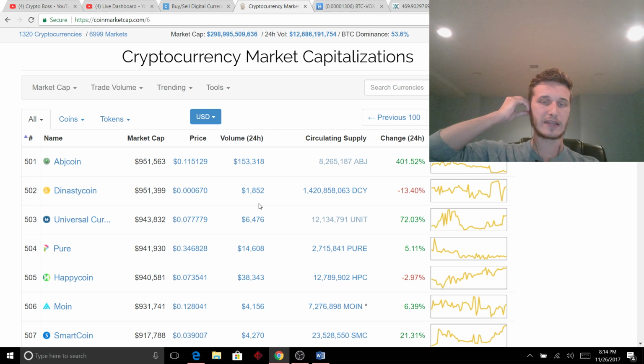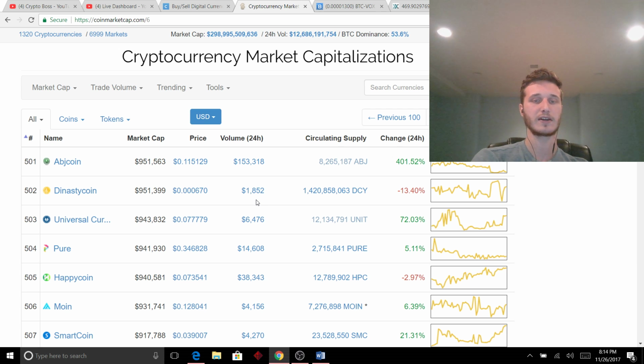So if you've got $1,000 in this coin and you're trying to sell it out, you're going to tank the market just trying to get your $1,000 out when the volume for the whole day was only $1,852. So you want to keep that in mind. If there's very low liquidity, which means that there's low trade volume, you need to think about how your order is going to impact the price.